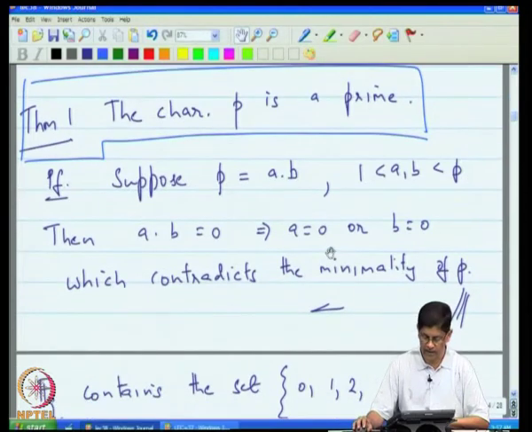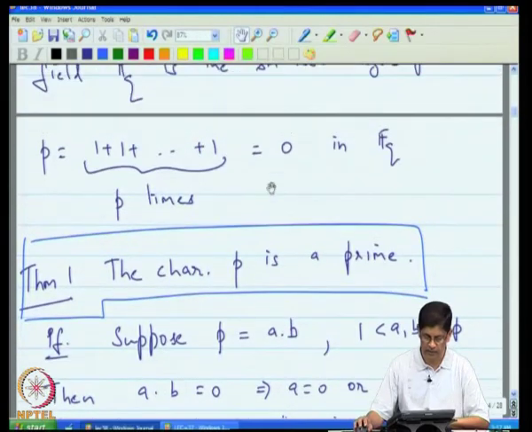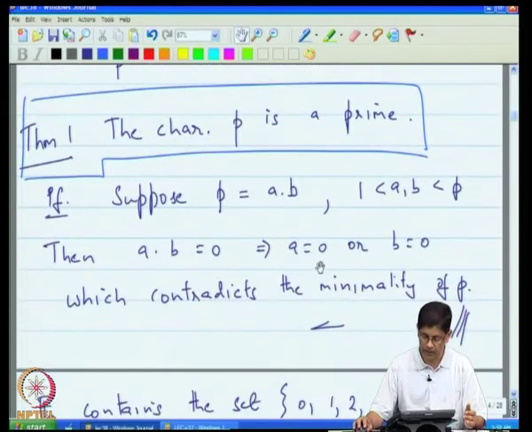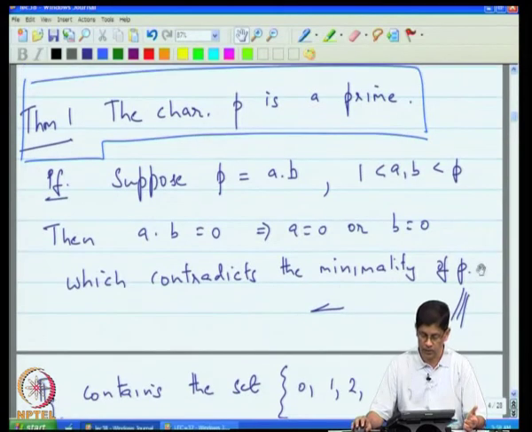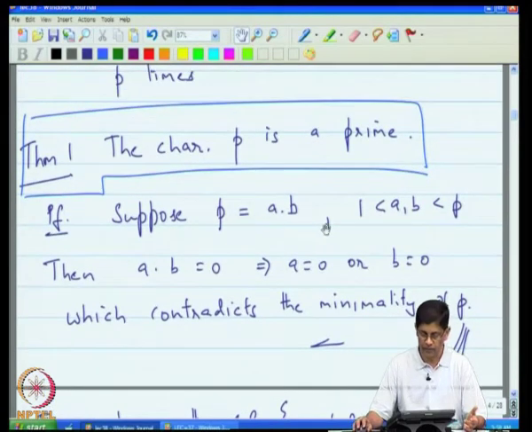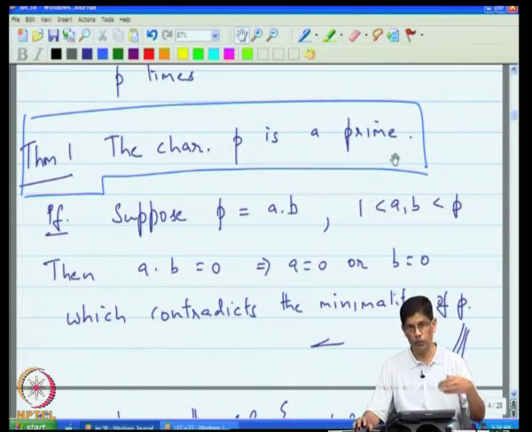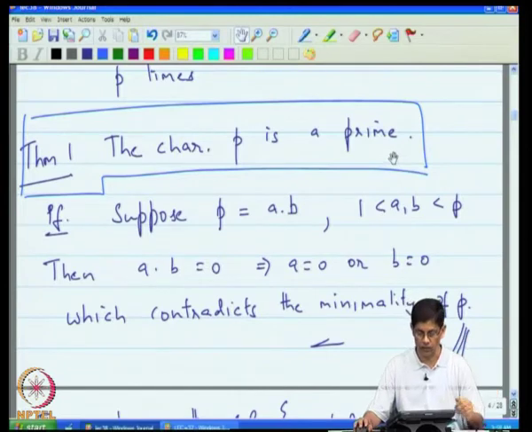But then if a is 0, that contradicts the minimality of p, because we said p is the smallest integer such that if you take p copies of the multiplicative identity, then you will actually get 0. But here you are getting that either a is 0 or b is 0. So that contradicts the minimality. So the only way this could happen is if such a factorization is not possible, which tells you that p is a prime number. So p could be 2, 3, 5, 7, 11 and so on, but it cannot be 6, 9 or 12.